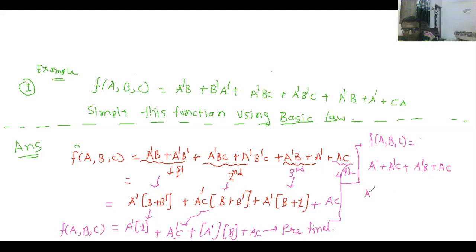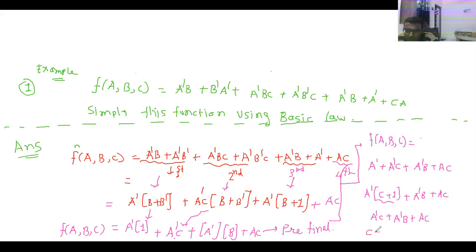So if you take common A dash, so C plus 1, plus A dash B plus AC. What is the C plus 1? C plus 1 equal to C. So A dash C plus A dash B plus AC.